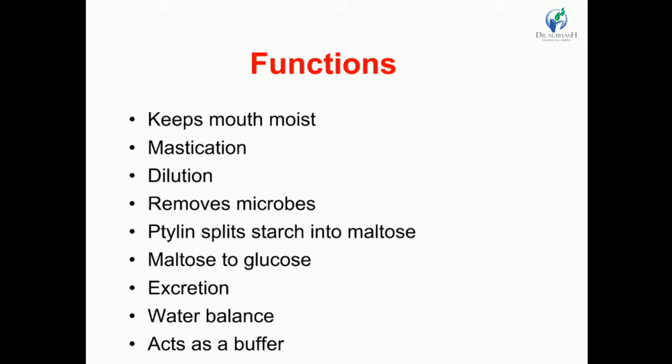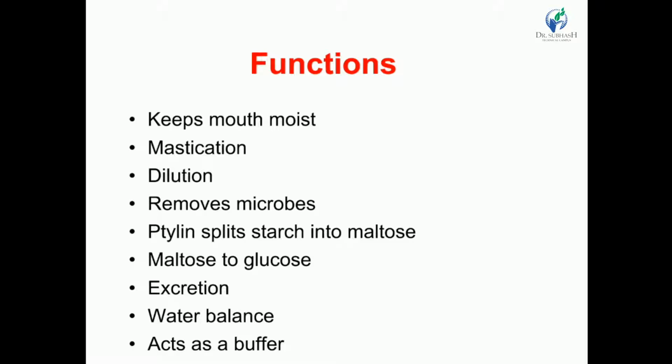The further use is dilution. It dilutes the food material, that specific chopped material, into easily swallowed material. It removes microbes. Where the food contains microbes, they can be removed from the oral cavity itself.